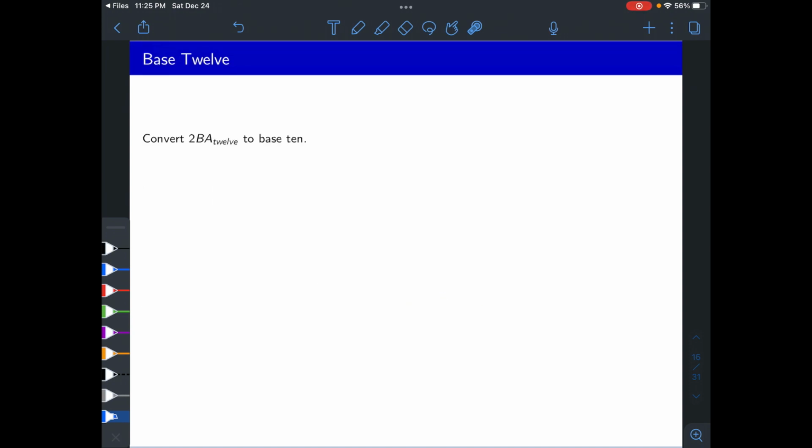All right, so let's convert something in base 12 into base 10. It's going to be really similar. So 2BA base 12 just means 2 groups of 12 squared plus B, which represents 11, groups of 12 plus A, which represents 10 groups of 1.